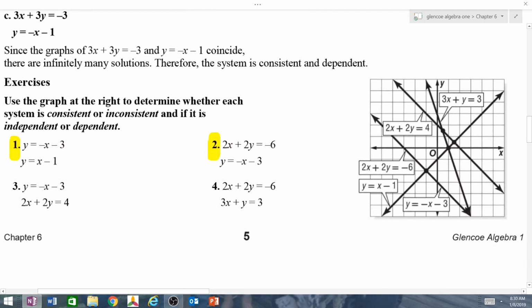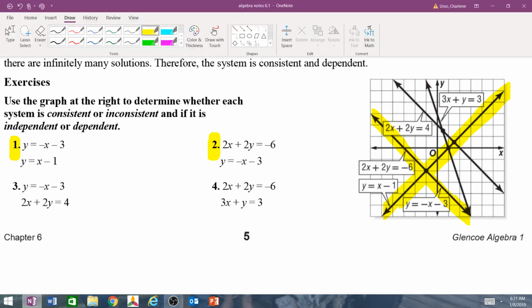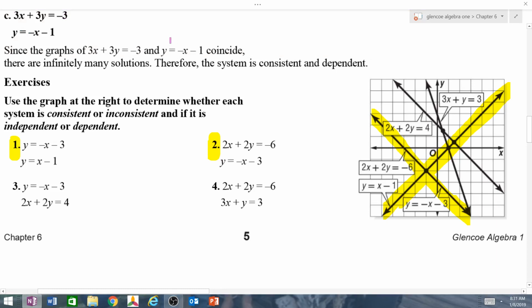And I'm going to be honest with you, it actually helps me to highlight them. So I basically highlight them. y equals negative x plus 3 and y equals x minus 1. So that's the first set. All right, we'll do 2.